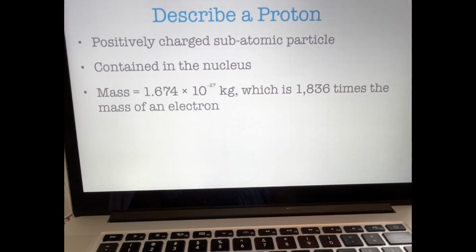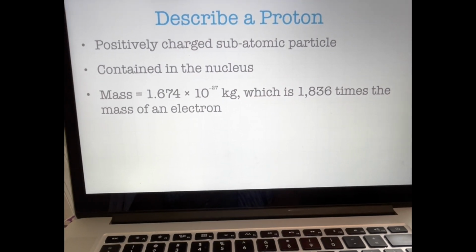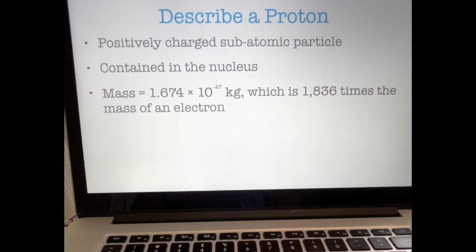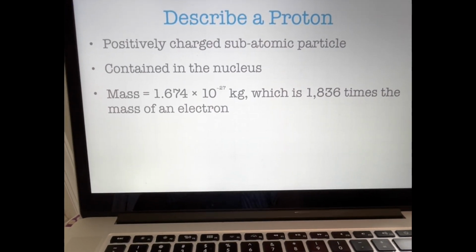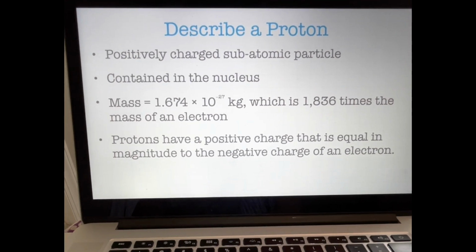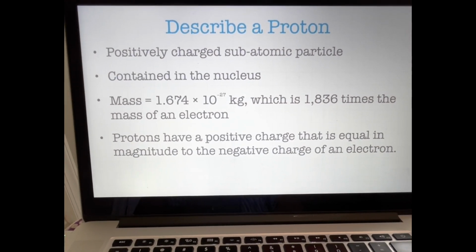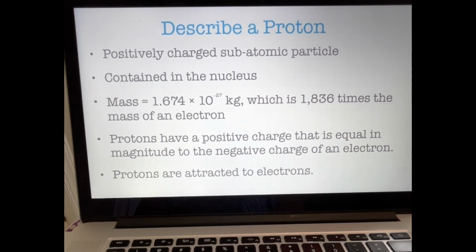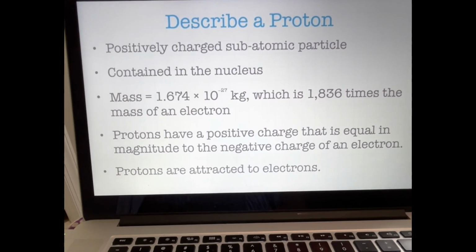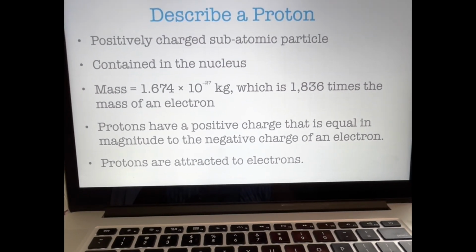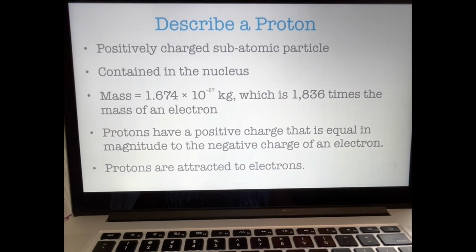And again, that's 1,836 times larger than the mass of an electron, even though, again, a proton is very small. Protons have a positive charge that is equal in magnitude to the negative charge of an electron. Protons are attracted to electrons. So that's a good starting point for understanding a proton.